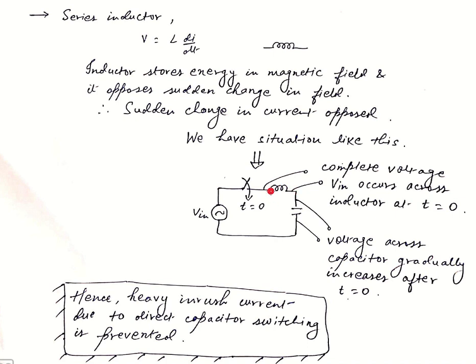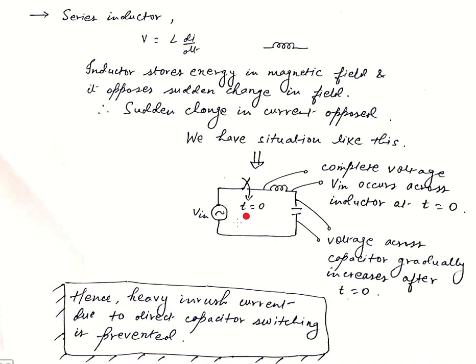Since this inductor is open circuited just after t equal to 0, we can say that after switching on the switch, the whole input voltage appears across this inductor. I am talking about just after t equal to 0.